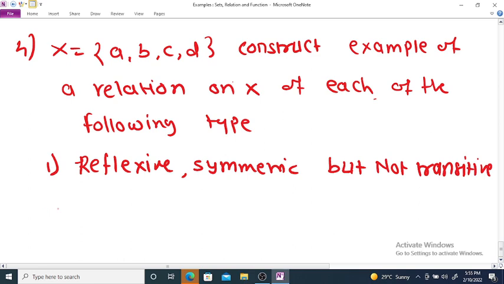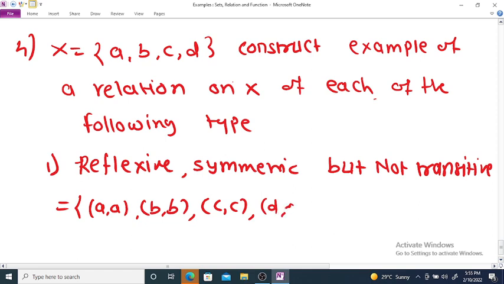So here for reflexive, we know that if every element of the given set is related to itself, then we can say that it is reflexive. So AA, BB, CC and DD.